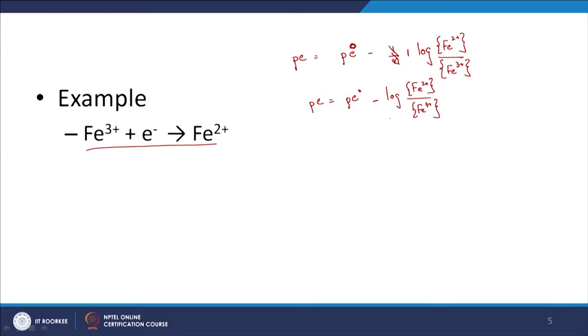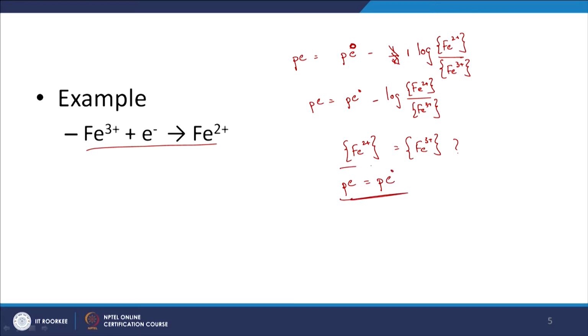And again, as we looked at from the graph, when are the concentrations of the reduced form and the oxidized form going to be equal? That is going to be the case when Pe is equal to Pe naught.